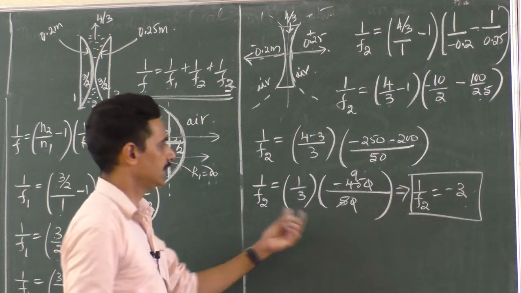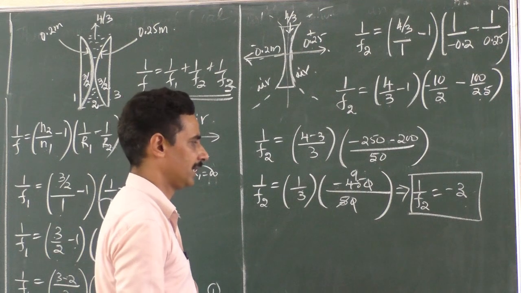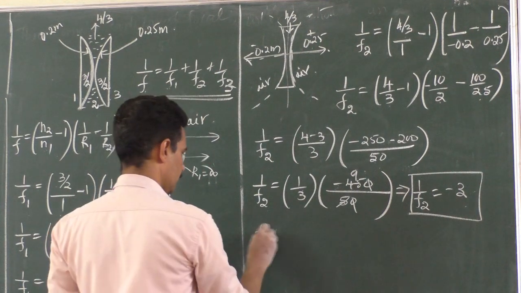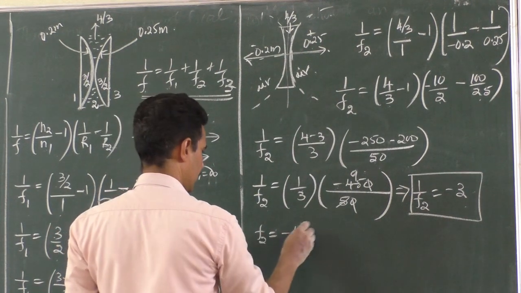This is correct: 3 times minus 3 is minus 9. So 1 by f2 is minus 3, and what is f2? f2 is minus 1 by 3.